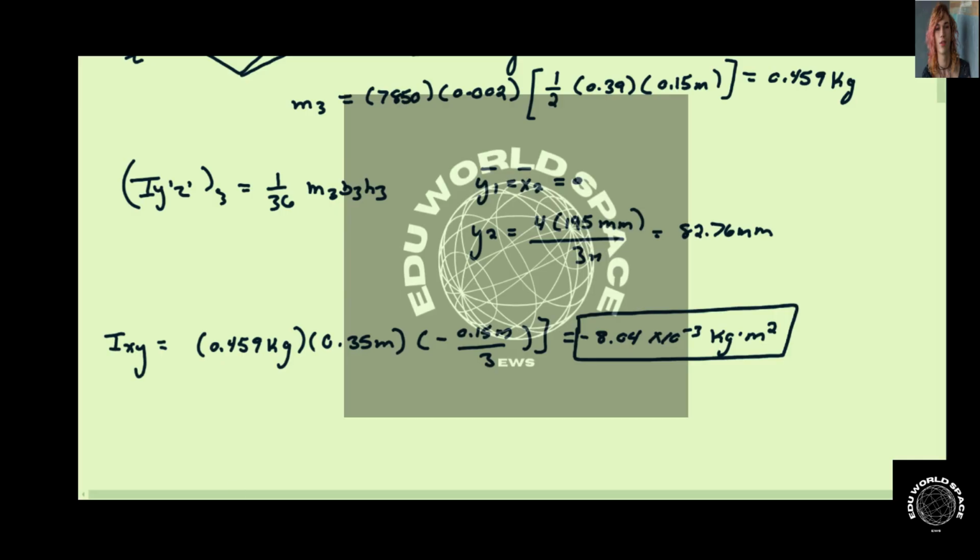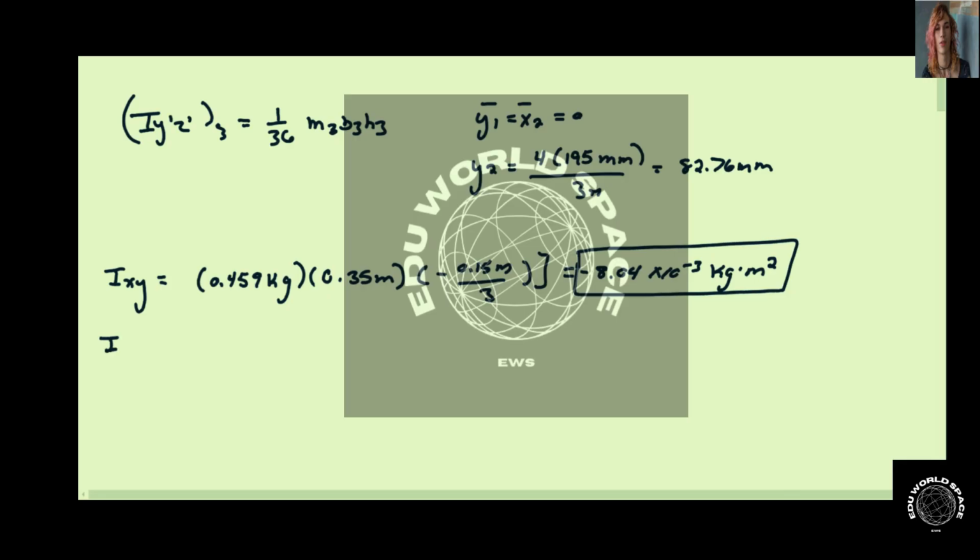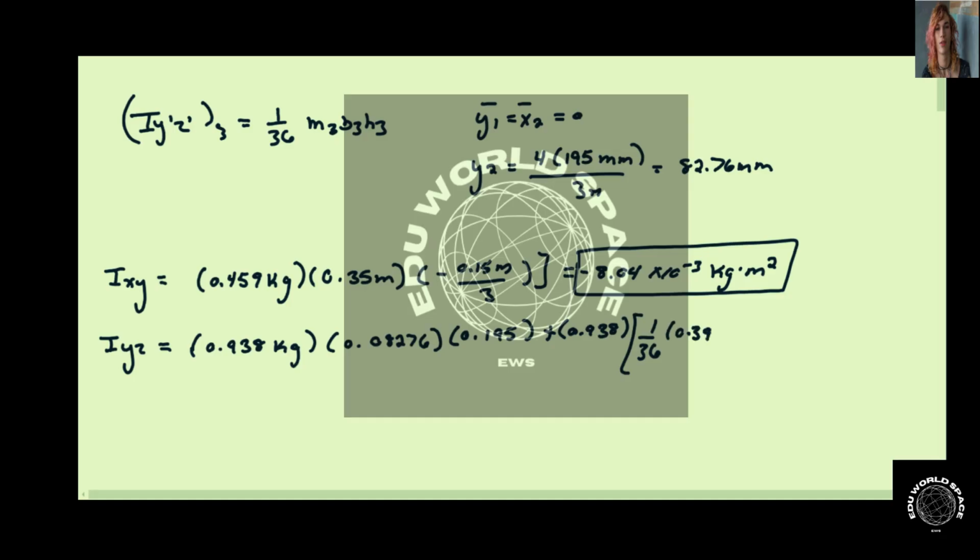And now the next one is your Iyz, which is 0.938 kilograms times 0.08276 times 0.195, plus 0.938 times 1/36 times 0.39.